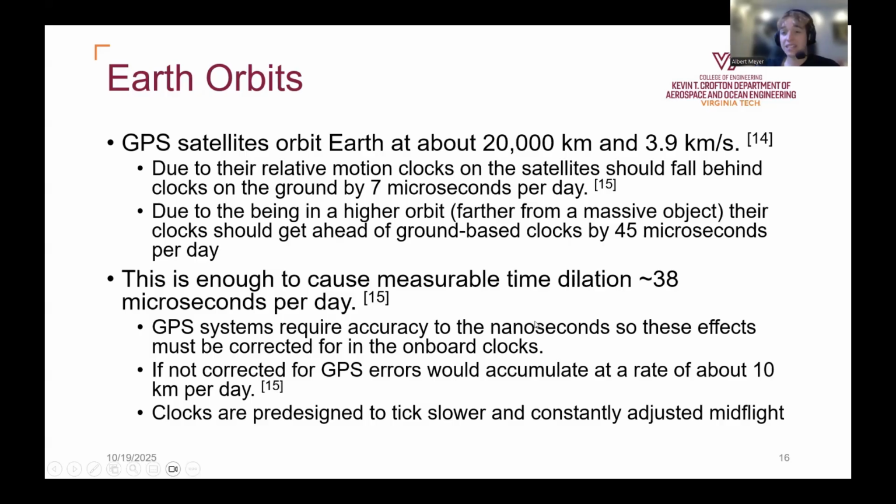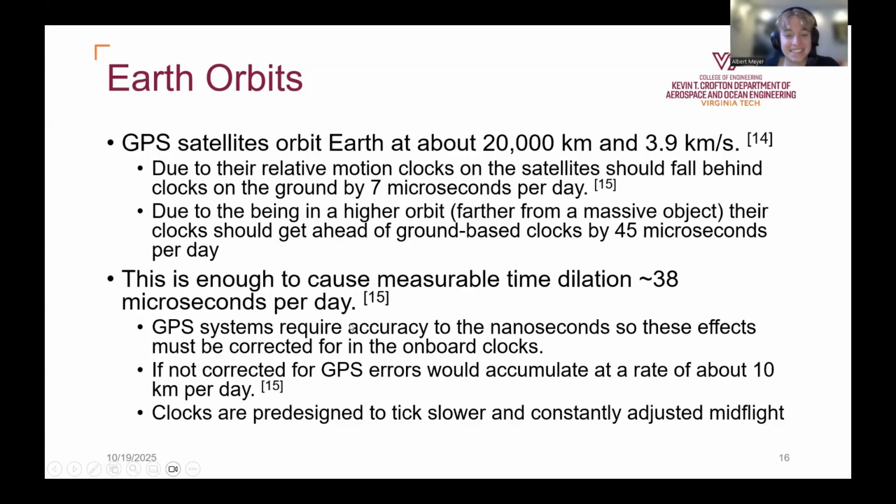This is actually extremely important because GPS systems are extremely precise systems. They require accuracy on the order of nanoseconds. So these effects, 38 microseconds, is like 38,000 nanoseconds, pretty sure.